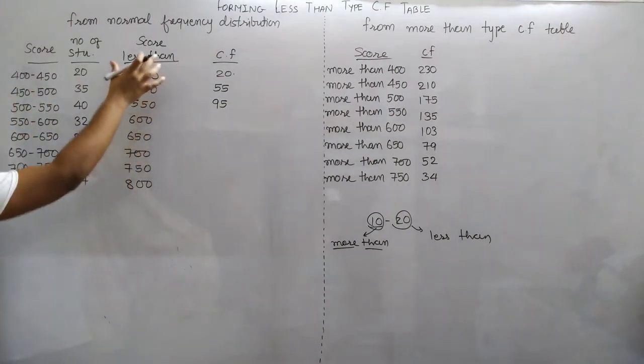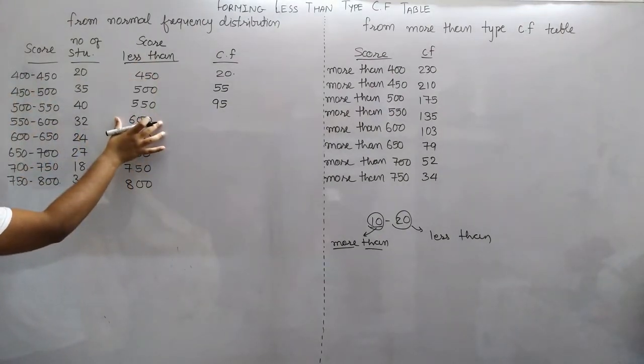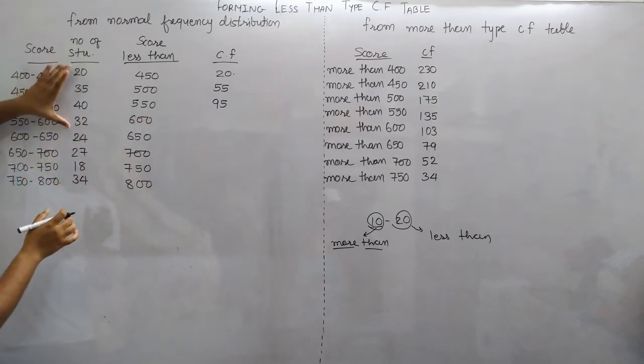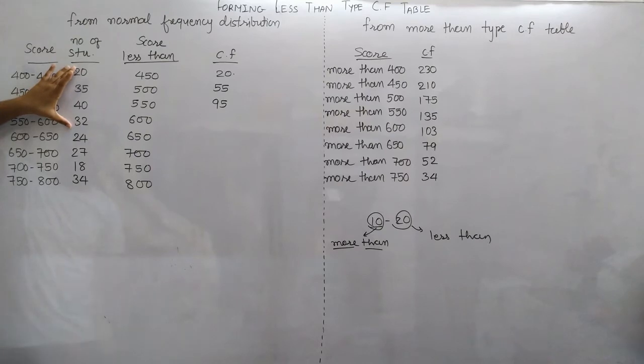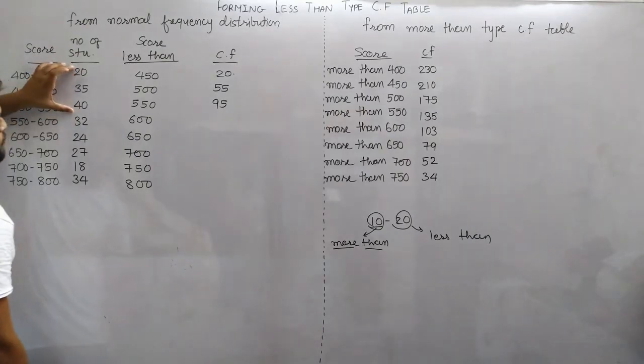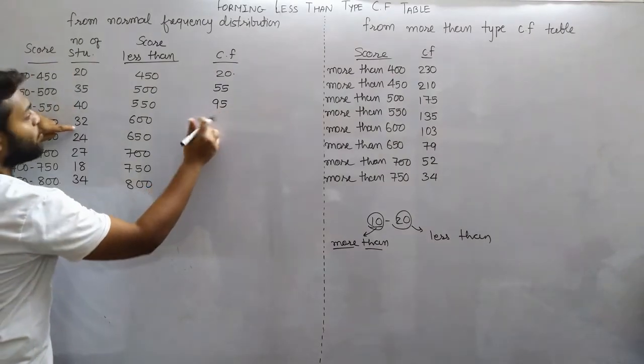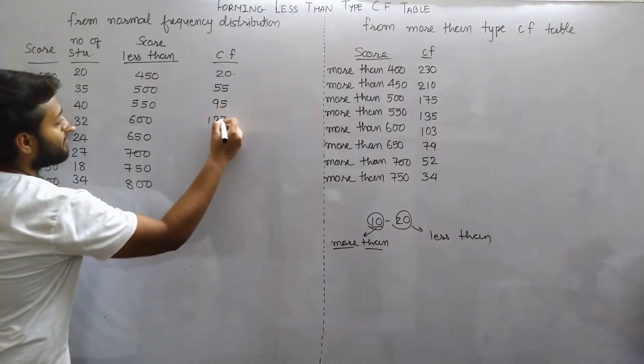Here I want to take less than 600, so less than 600 means 400 to 600. So I should add all of these four frequencies. The three frequencies' addition is 95. 95 plus 32 will be 127.